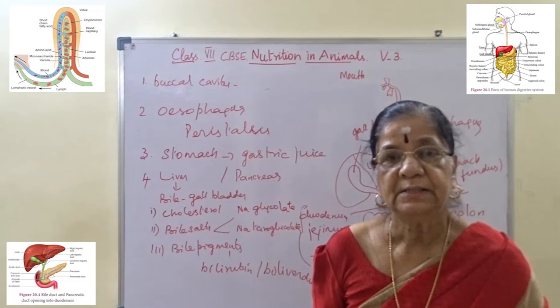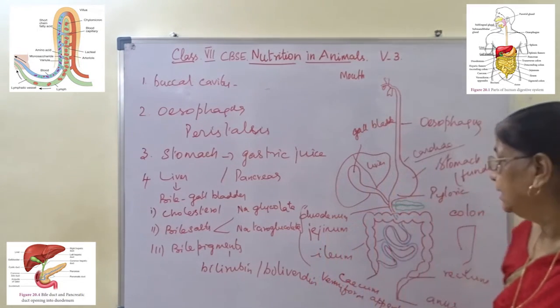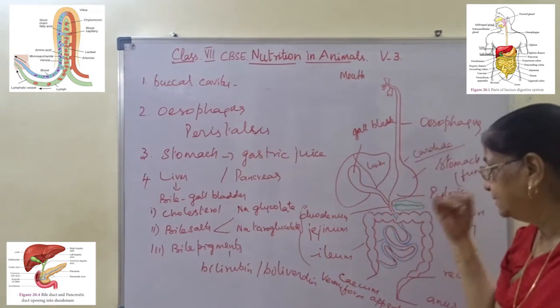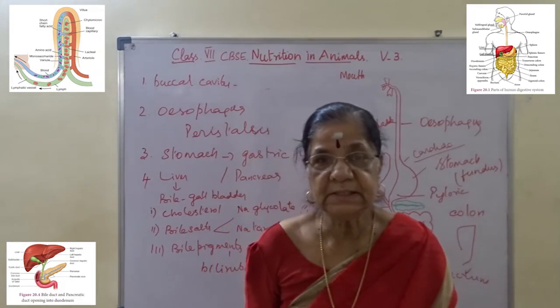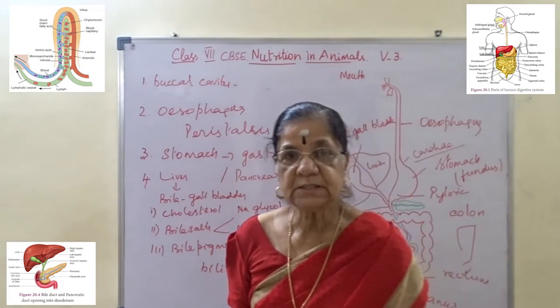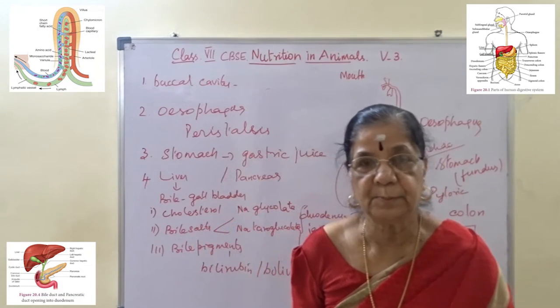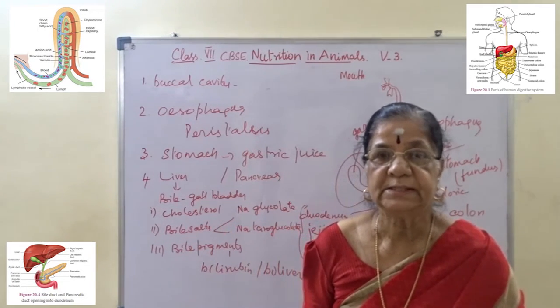That is the pancreatic juice. Then it enters the small intestine, where it is the ileum. Small intestinal juice is also secreted, where the completion of food digestion takes place. Complete digestion of food takes place in the small intestine.